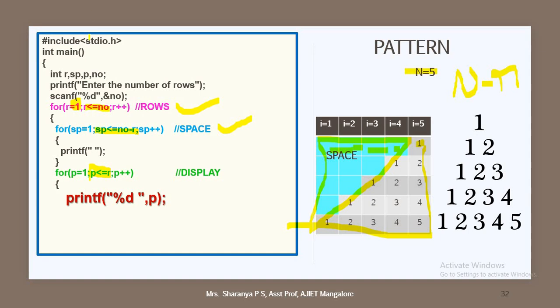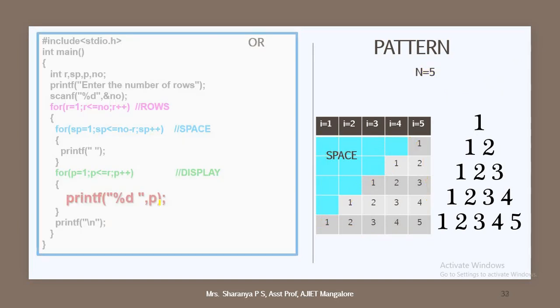For the third iteration r will be 3, so the p loop runs with the values 1, 2, 3. If we write the printf statement printing the value of p, we end up with the pattern 1, 1 2, 1 2 3, and parallelly we give the new line.